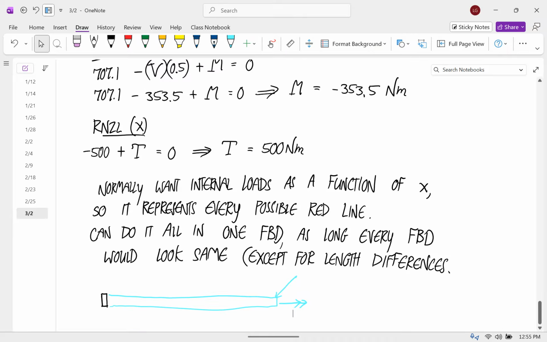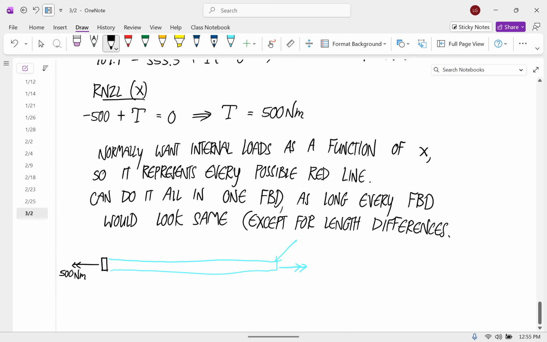It has the 500 Newton meters there, the 707.1 there, the 707.1 there, and the couple of 707.1 Newton meters.